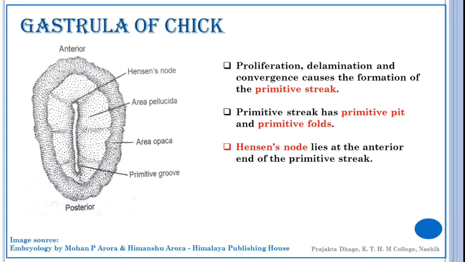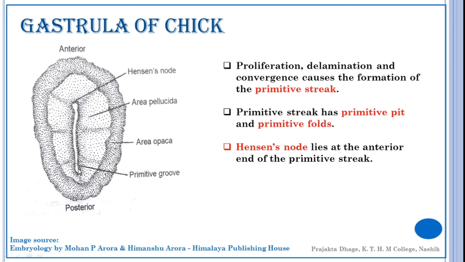Due to proliferation, delamination and convergence, there is formation of the primitive streak. Because of these 3 processes, or the cellular movements and increase in the number of cells, the primitive streak forms. What you see here is entirely a primitive streak.